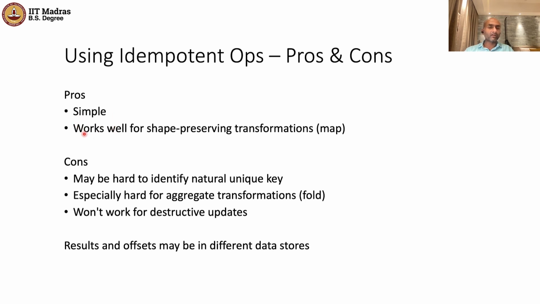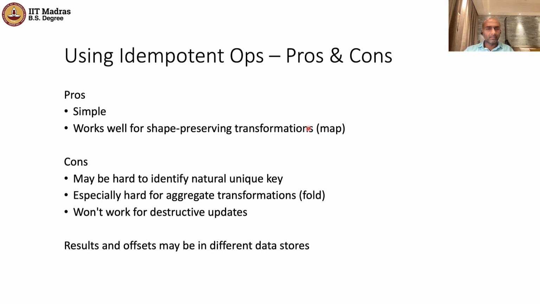So obviously it works well when you have transformations, data processing steps that are shape preserving. Shape preserving operations are basically things like scalar functions or map functions. So that squared example that I talked about, right? The square is going to be the same output when run with the same input again and again.